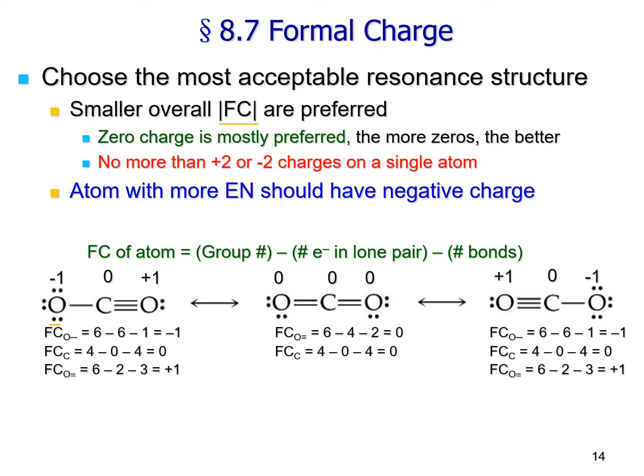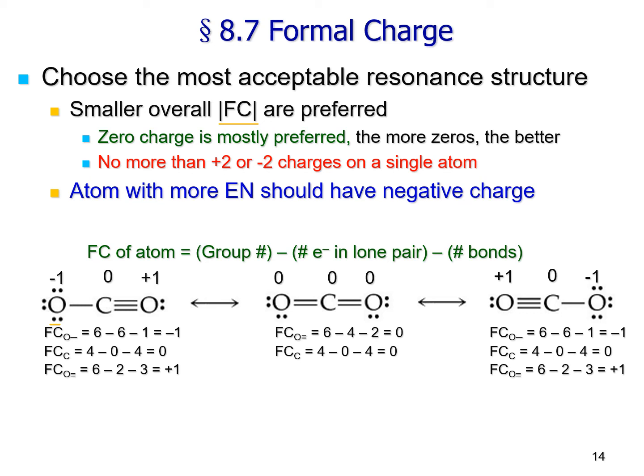And another criterion that can help us to choose the most acceptable resonance structure is that an atom with more electronegativity should have negative charge. Makes sense. Fluorine will do anything to grab an electron from the other atom so that it can have an octet.